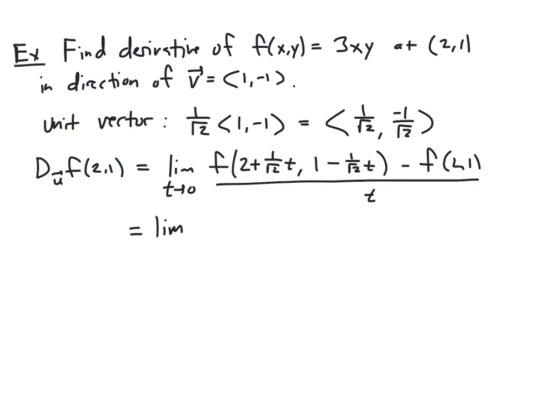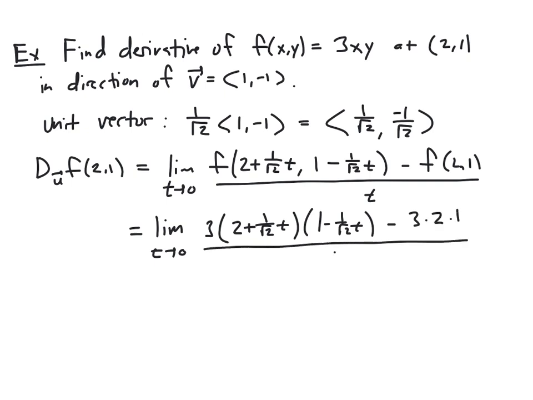Now we have a formula for f. f just multiplies together 3x and y. So this is just going to be 3 times (2 plus 1 over square root 2 t) times (1 minus 1 over square root 2 t), minus 3 times 2 times 1, all again over t.